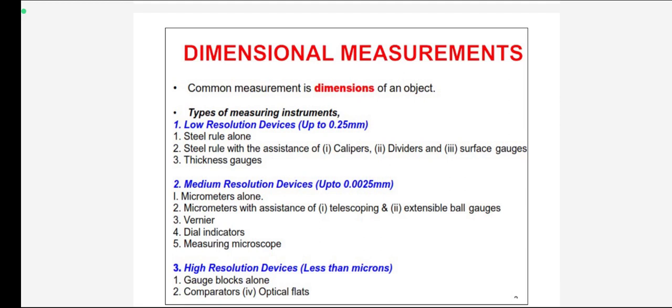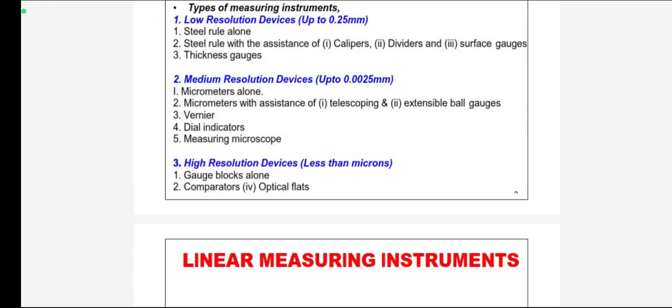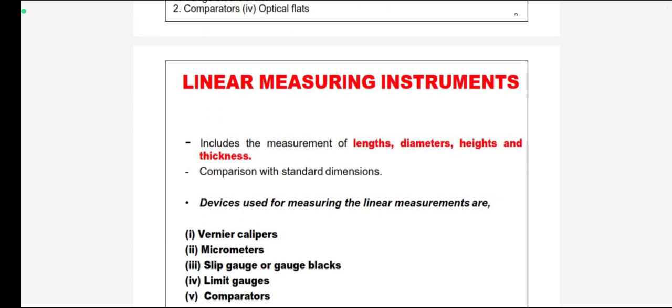The third is high resolution devices, meaning resolution less than microns, like gauge blocks and comparators.